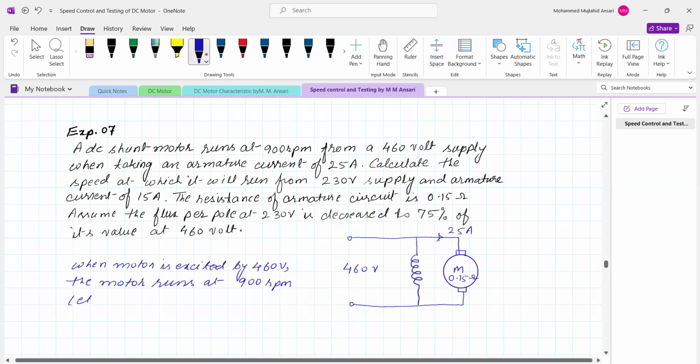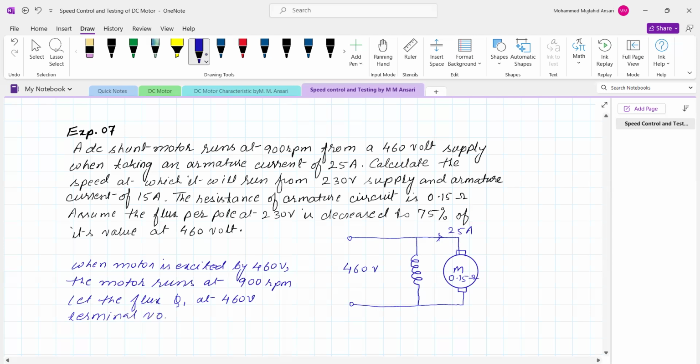Let the flux at 460 volt terminal voltage be phi1. Okay, so this is given.